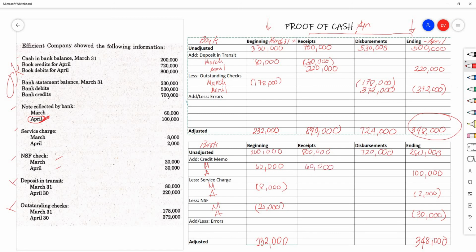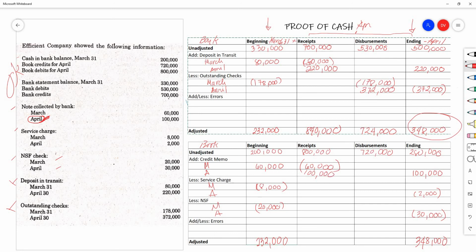Ibawas mo. Okay? Eto. Saan to dapat? This is a receipt of April. Saan siya nadagdag? Dahil di umabot ng cut-off, nasa May na siya. So, para itama, tanggalin mo siya sa receipts ng May, idagdag mo siya sa receipts ng April.